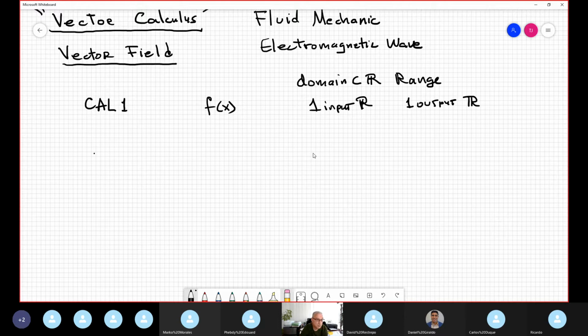However, in Cal 3, we study multivariable functions.